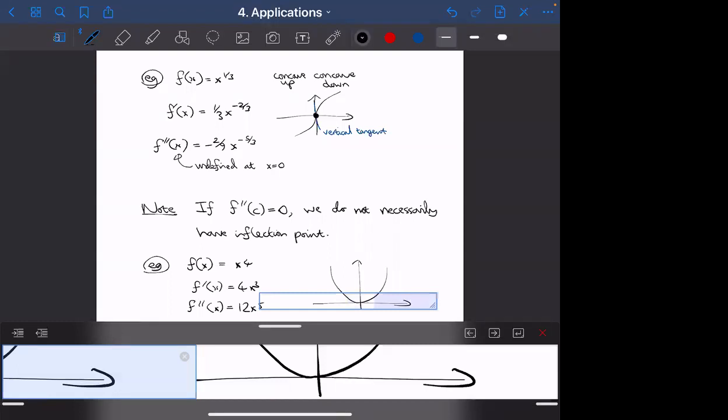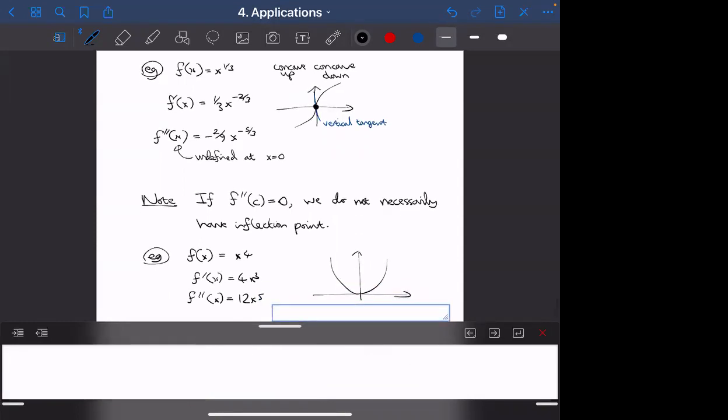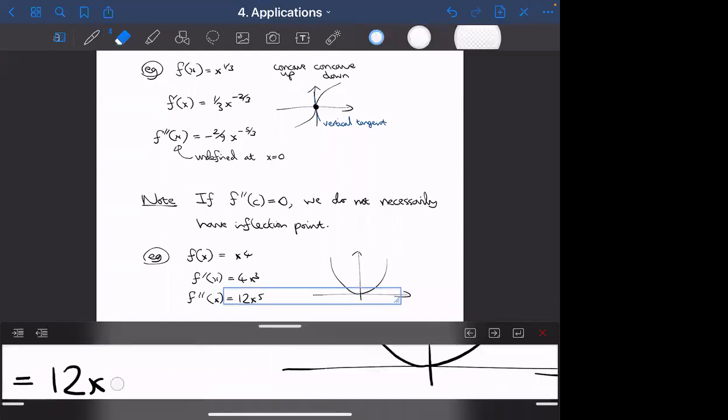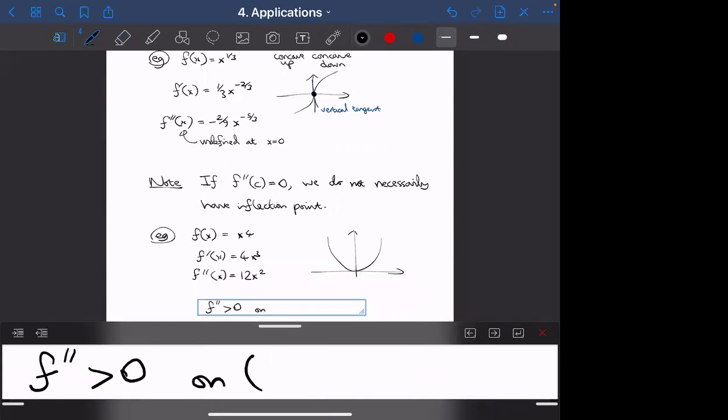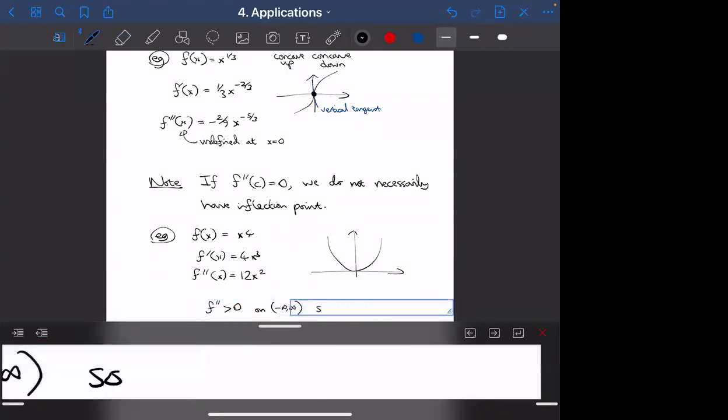But the graph of x to the 4 does not have an inflection point. It's concave up. I mean, f prime prime is greater than 0 for all x. So concave up everywhere.